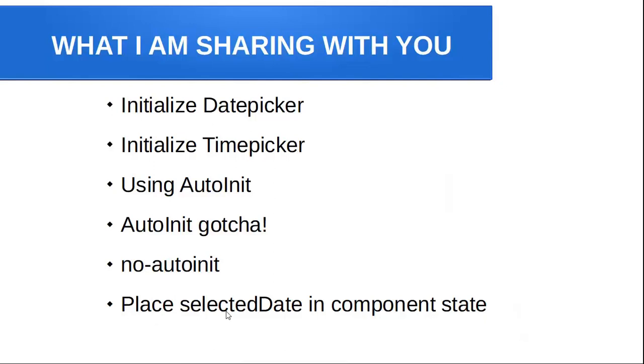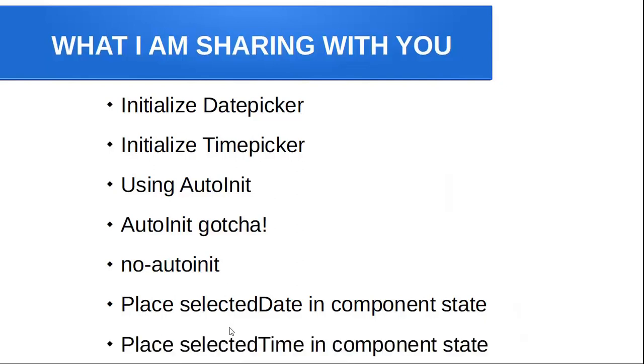So I decided to share my experience with you guys, and I hope somebody will find it helpful out there. And while we look at how to place the selected date in the component state, we'll do the same for the selected time to be in the component state, right?